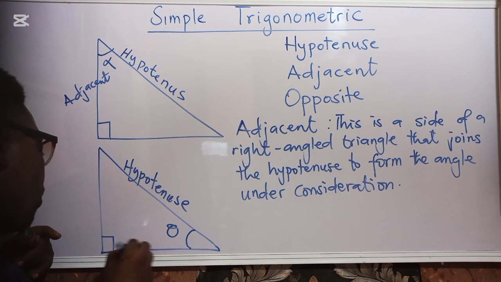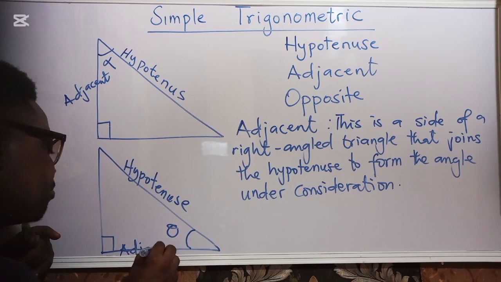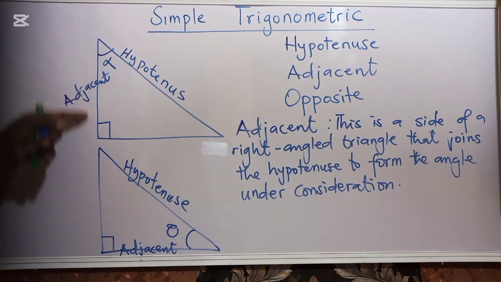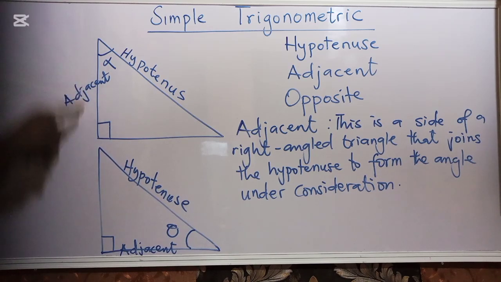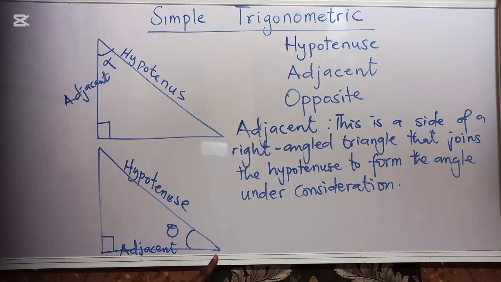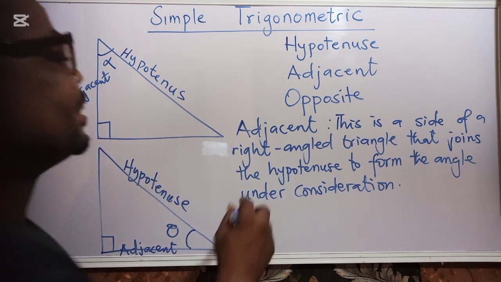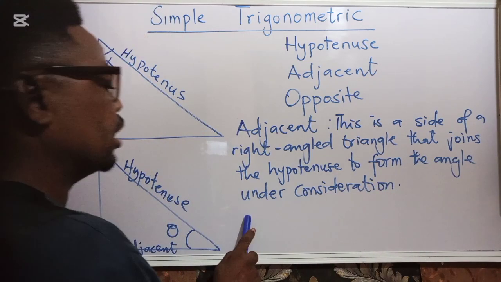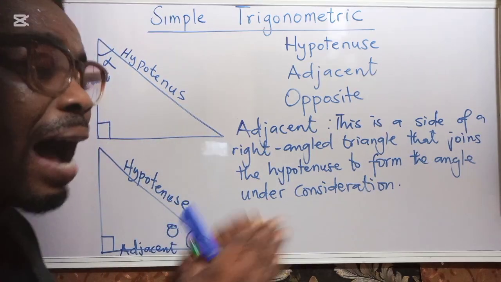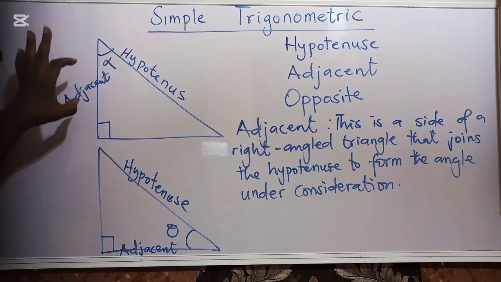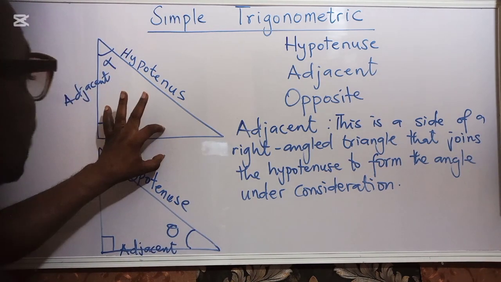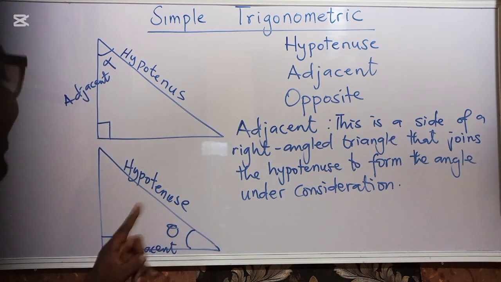So this is now our adjacent. The adjacent is the length here, or the base. Just know that the angle under consideration tells us where our adjacent will be. So if adjacent can take this position or that position, depending on the angle we are talking about, then opposite too has to shift place.